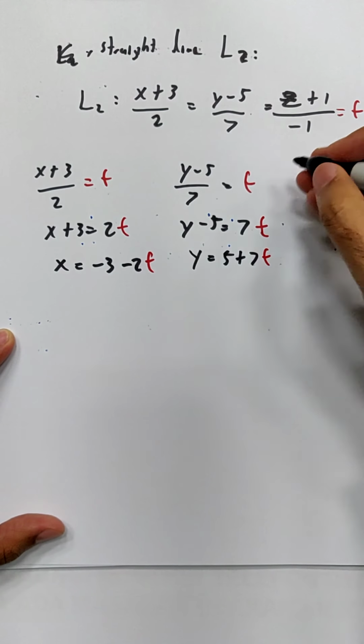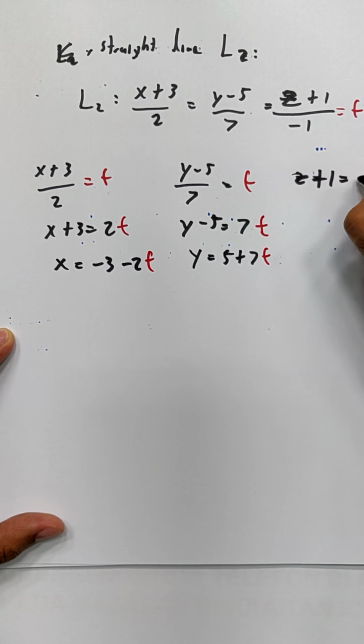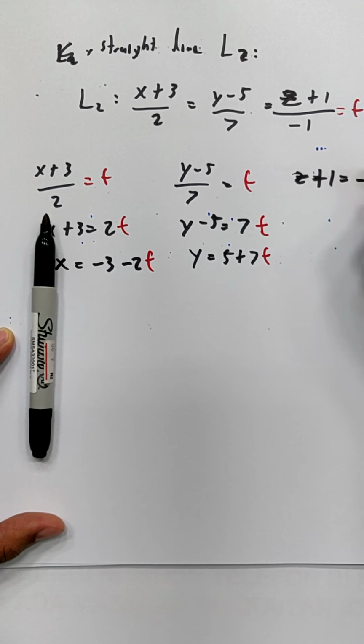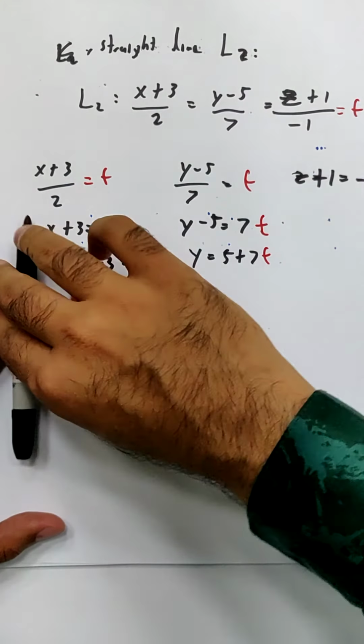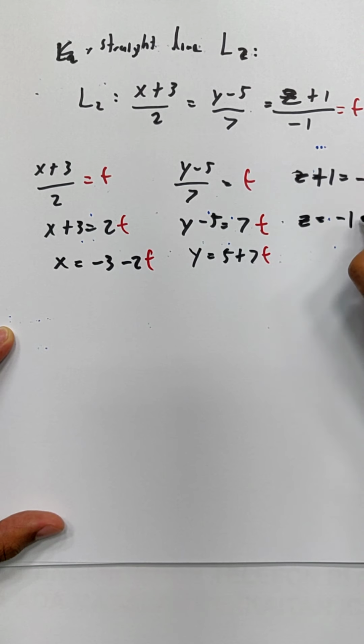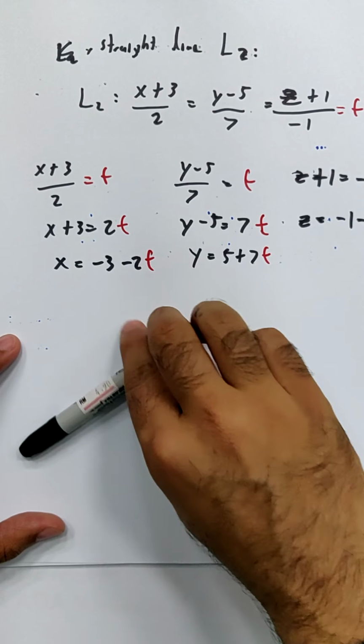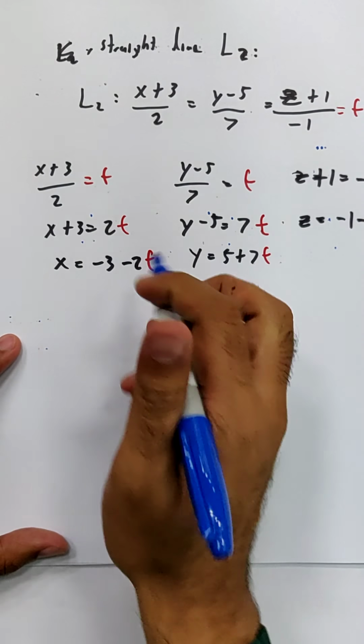And of course this one finally, (z plus 1) over negative 1 equals t. Sorry, I'm skipping steps a bit because I can see you. So z equals negative 1 minus t.